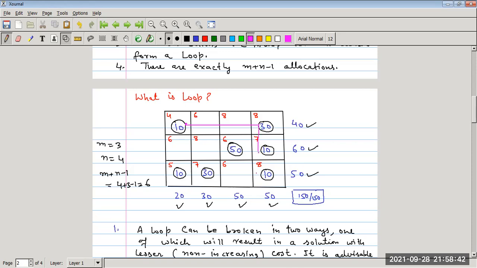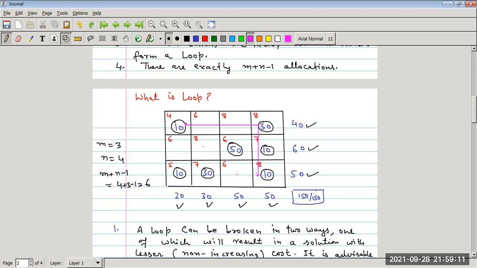If there is an allocation in between, no issue. We go directly to the third point. So we move horizontally or vertically, but not diagonally. We don't go from this to this like this. We will not move vertically in this way. So when we have to check that the allocations are independent, what do we have to do?